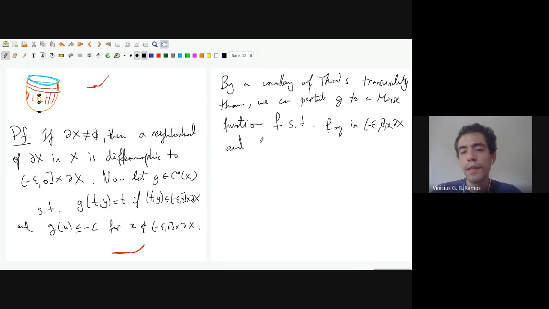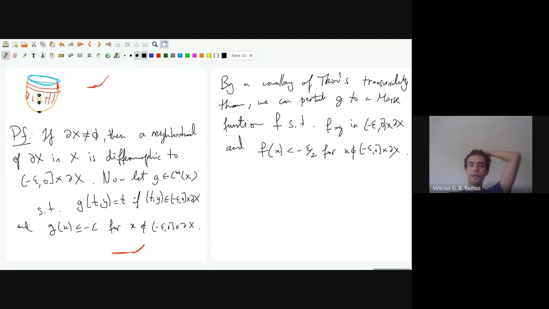And f of x is less than, well, I can't necessarily make it less than epsilon, minus epsilon, but I can make it less than epsilon over 2 for x not in this minus epsilon 0. The second condition is because we can really just perturb g, so we can make f as close to g as we want.